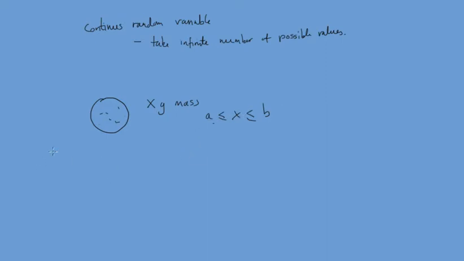So we were looking at the probability of a discrete random variable, and we'll call it x. We denoted that as P(X = x) for some value of r.